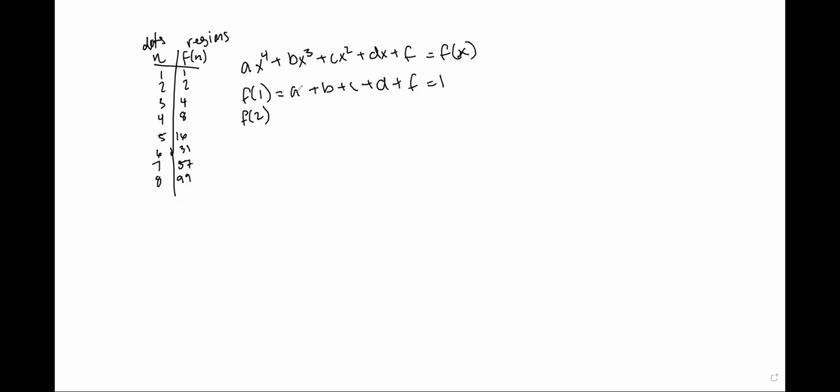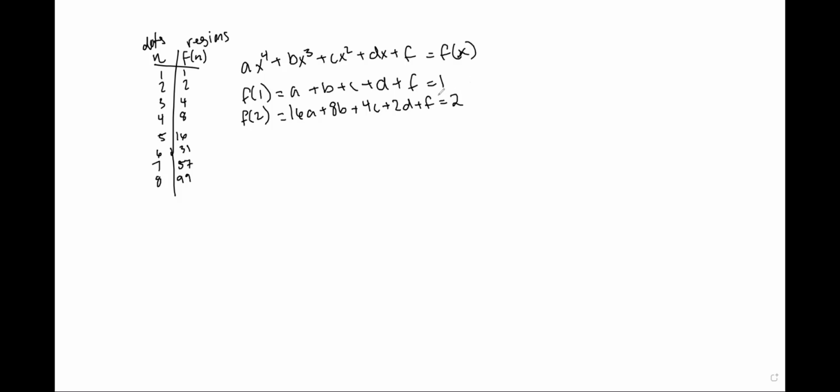When I plug in 2, I'm going to get 2 to the fourth power times a, which is 16, plus 2 cubed, which is 8, plus 2 squared, which is 4, and so on, equals 2. And so I've got these equations and they all have 5 variables in them.